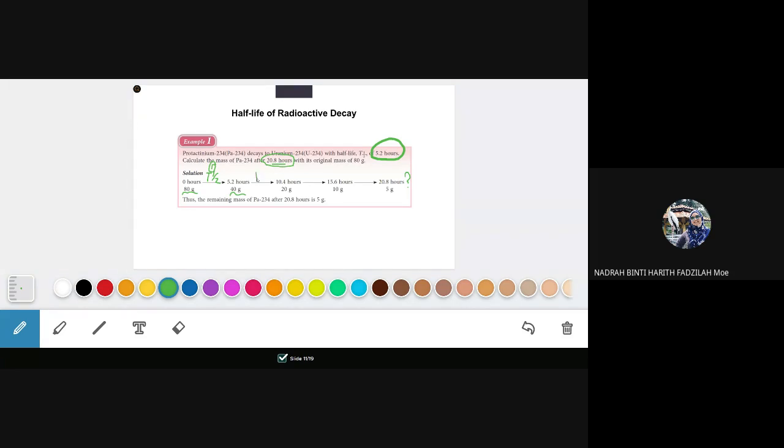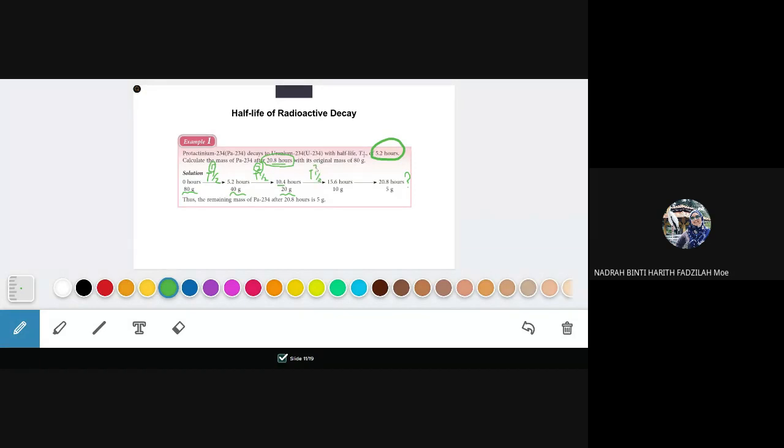Okay, we added another half-life. So this is the second half-life. The total hours is 10.4 hours and the mass reduced to another half. Tadi 40 gram, so separuh daripada 40 gram ialah 20 gram. Dah sampai 20.8 jam tak? Belum lagi kan? So we added another 5.2 hours.